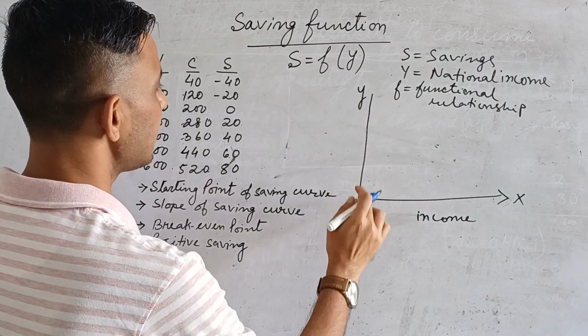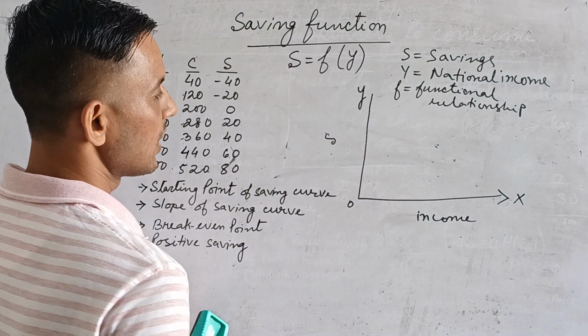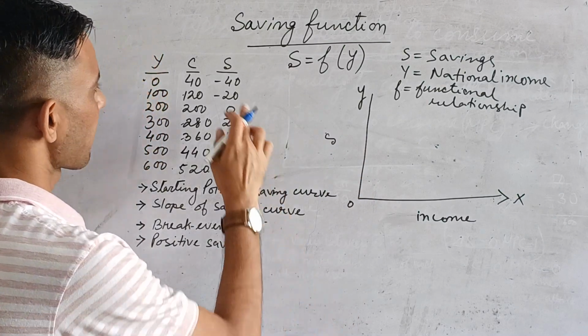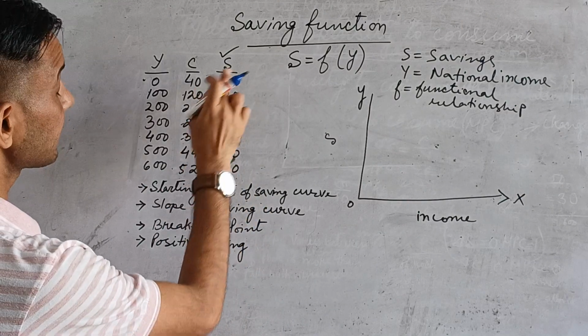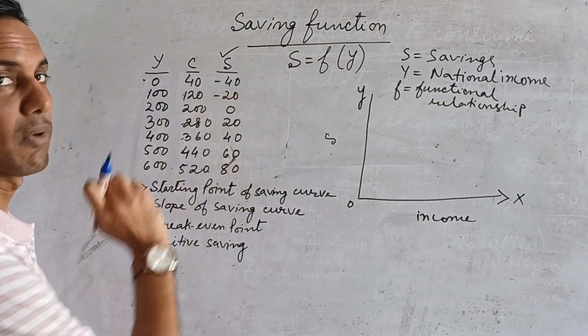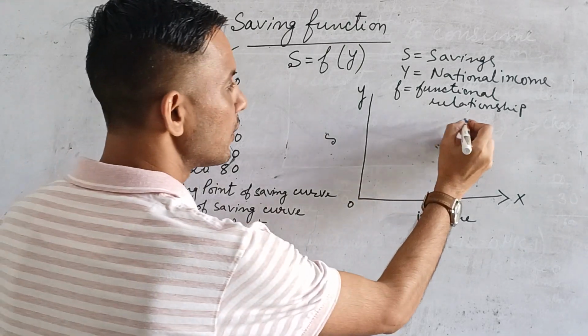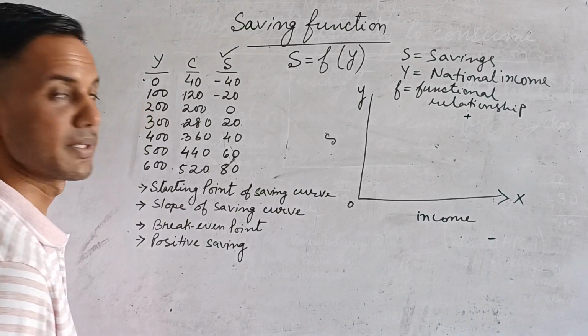And here they are showing the savings, S. Now you see this S starts from minus 40. On graph paper, I think you know, this one is the positive side and this one is the negative side.